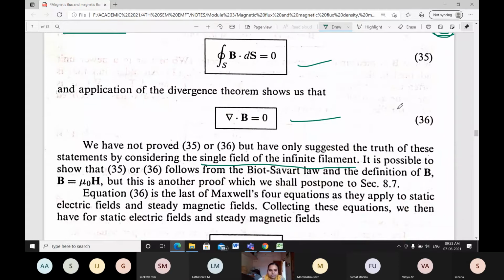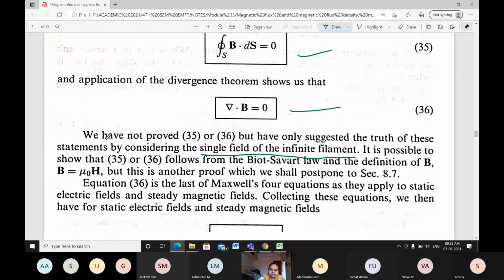It is also possible to show that these two equations follow from the Biot-Savart law and the definition of B, that is B equals mu naught H, but another proof is going to be taken in the next section.